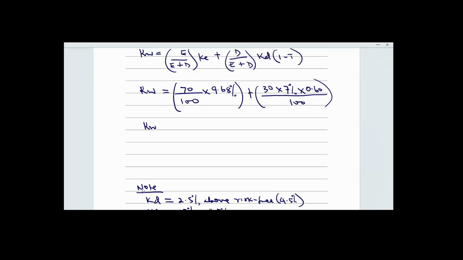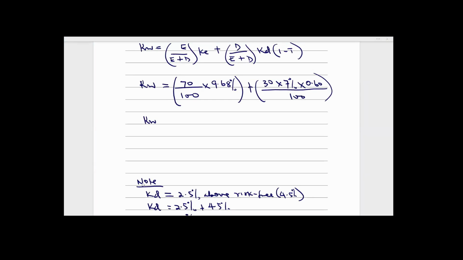0.7 multiplied by 9.68 equal, that's 6.78%. Then from the right, 0.3 multiplied by 7 multiplied by 0.6 equal 1.26.